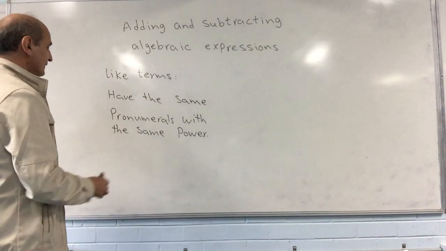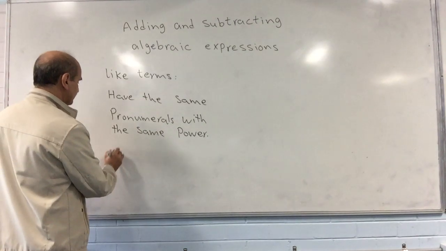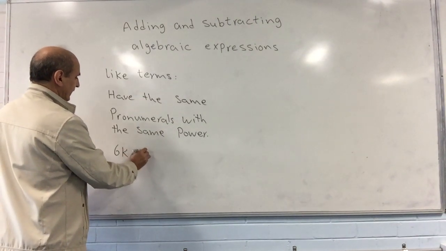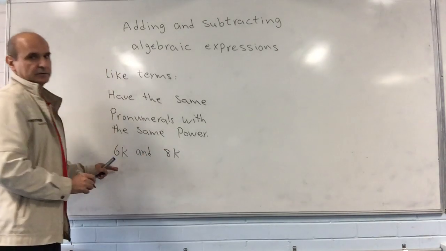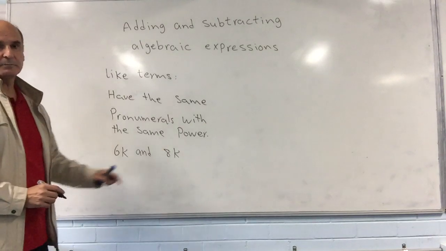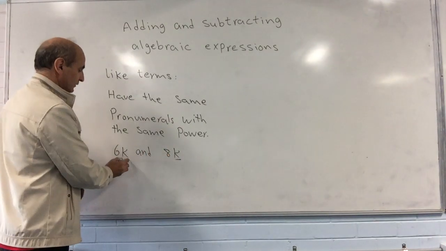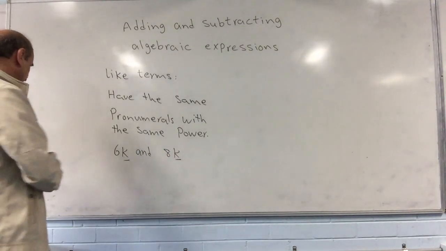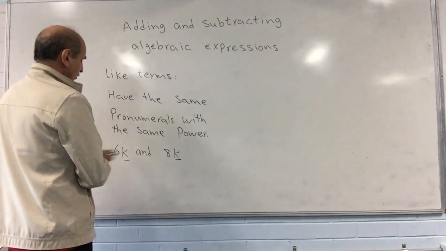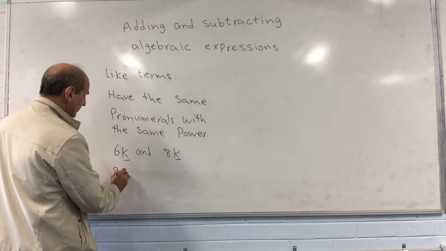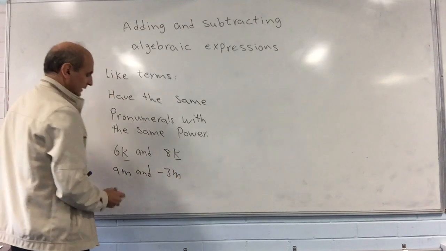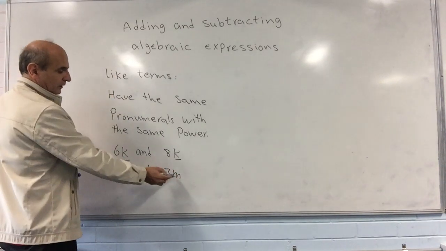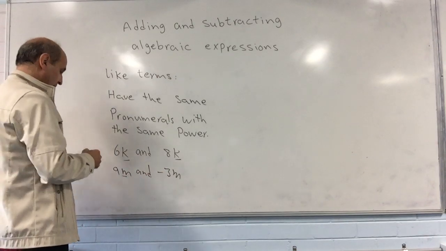For instance, if I have 6k and I have 8k, these are like terms because they have the same pronumeral, which is k. Or I might have 9m and minus 3m. Again, the pronumeral part is the same, so these are like terms.